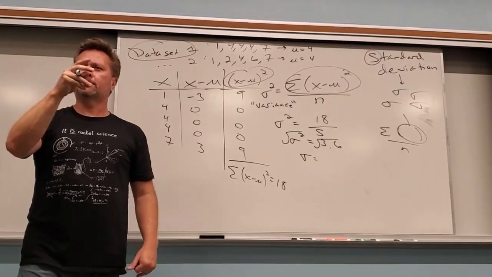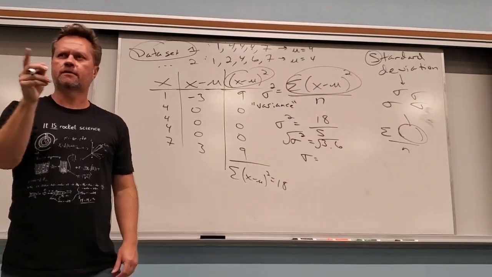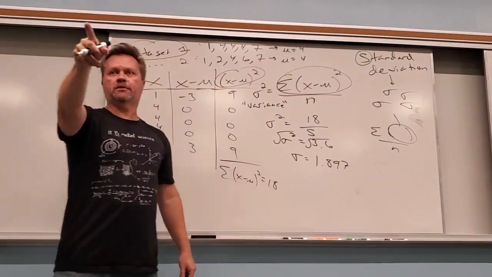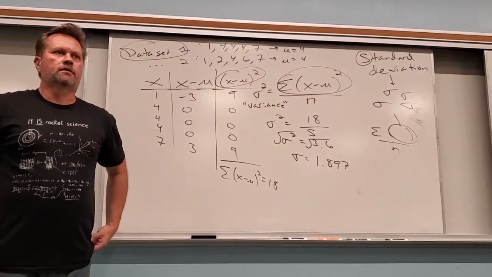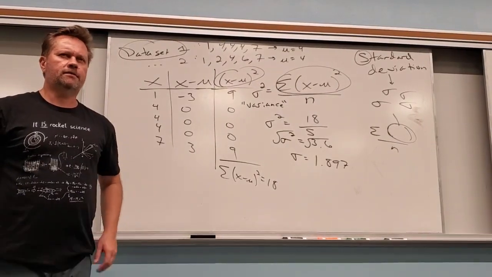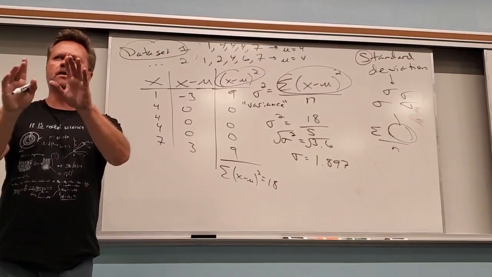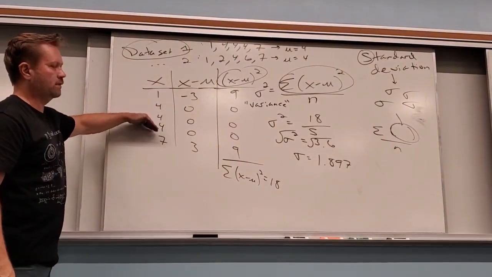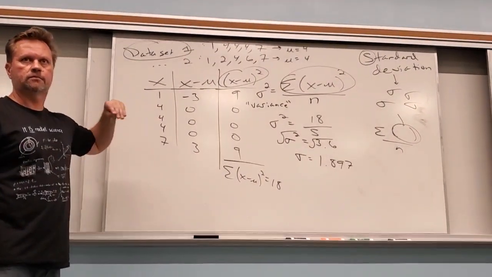I appreciate that, but no. 1.897. If it was the square root of 0.36, you would have been right. So what does this number represent? It represents the average distance that the data points got away from the middle.